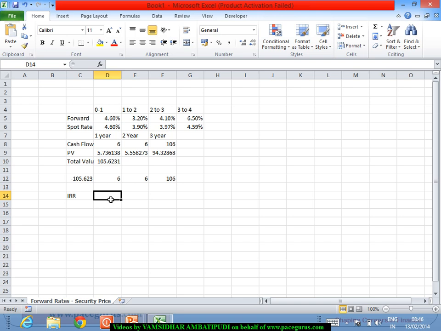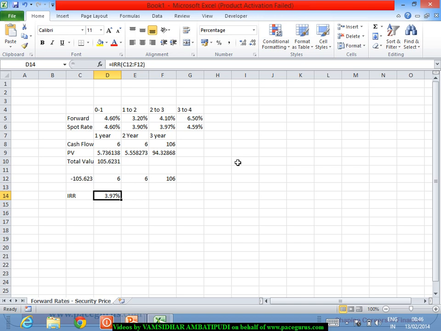Based on the overall redemption and the purchase price, what is the overall yield in this investment? It is a simple IRR computation, wherein I find the rate where the present value of the inflows equals the present value of the outflows. In this case it works out to somewhere around 3.97%.